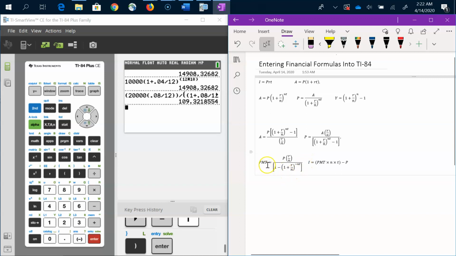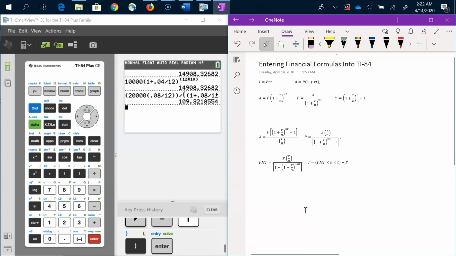I need to know what the principal was. So maybe after I had my down payment on my house, I owed $180,000, or maybe the down payment on a car was $4,000, and after that I still owed $16,000. So this capital P here is the original loan amount.